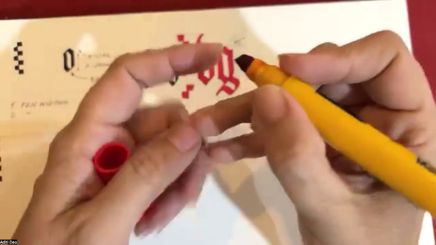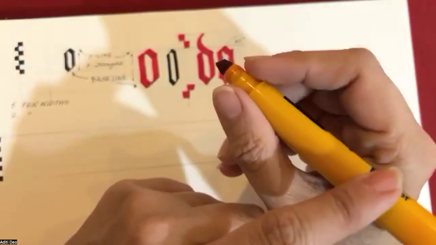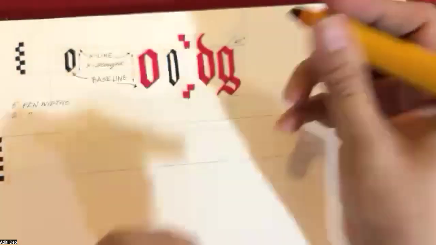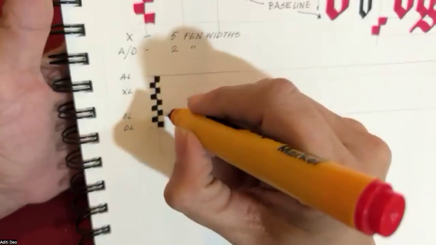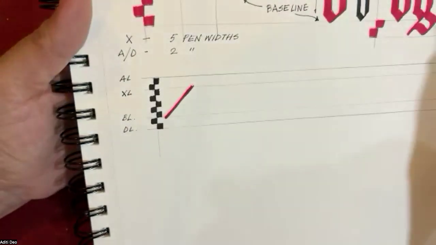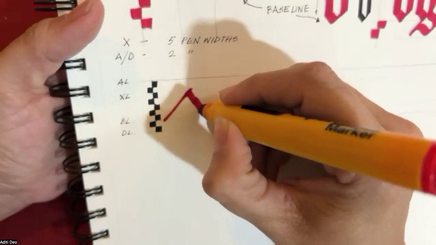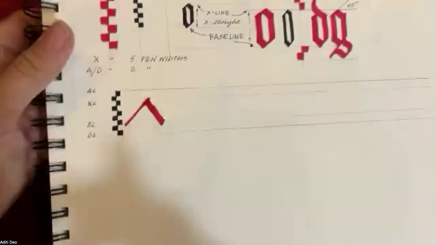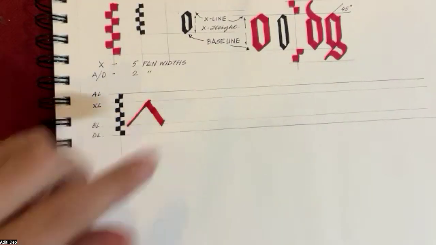So you hold the pen like this, where the longer side is towards your thumb and the shorter side is towards your index finger. And you position the pen in such a way that if you make a line at 45 degrees going up, you get the thinnest line possible, and 45 degrees down, you get the fattest line possible. So this is the first practice that you can do.